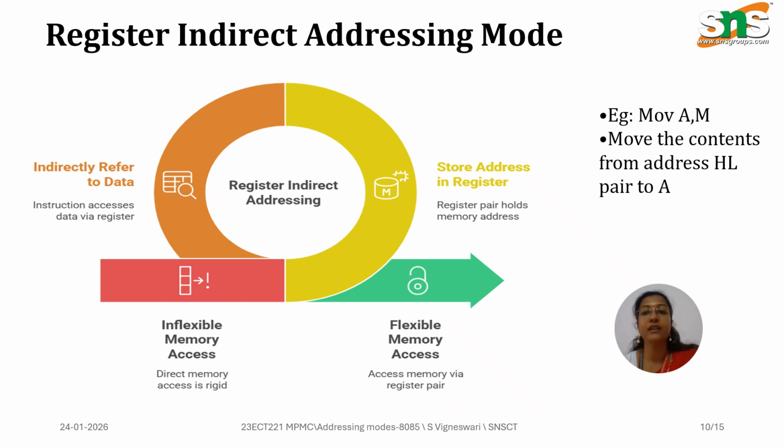For example, MOV A, M. Here M refers to the memory location whose address is stored in the HL register pair. So usually the HL pair will be used. This mode is very powerful and commonly used for array and pointer based operations.